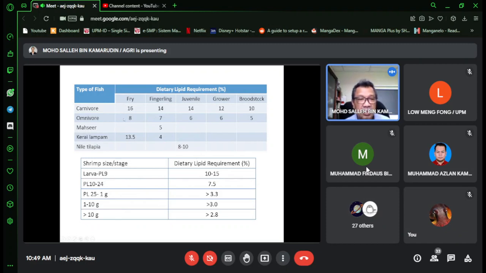Omnivore, in general, they require about 8 sampai turun kepada 5. And for muscle, we tak buat untuk fry atau larvae, tapi we found that the requirement from fingerling sampai juvenile is about 5, the optimal. If you give them more than 10, the growth will start to drop badly.